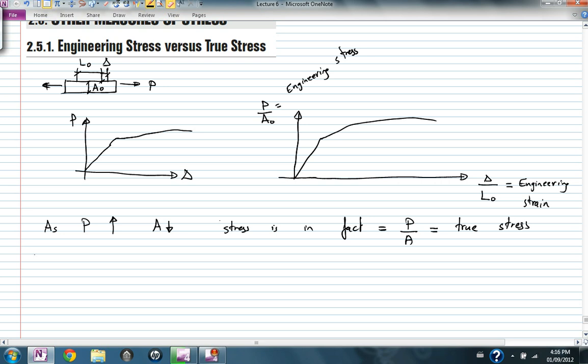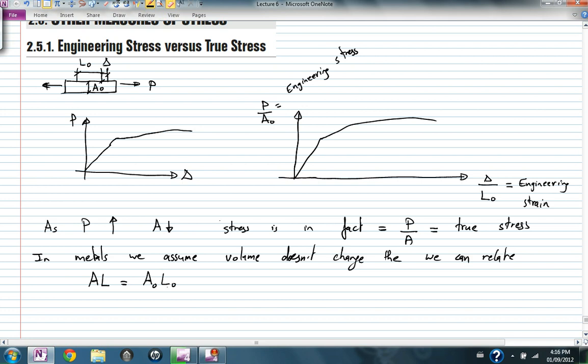And since in metals we assume volume doesn't change, then we can relate A and L, which are the current area and the current length, to the original area and the original length.